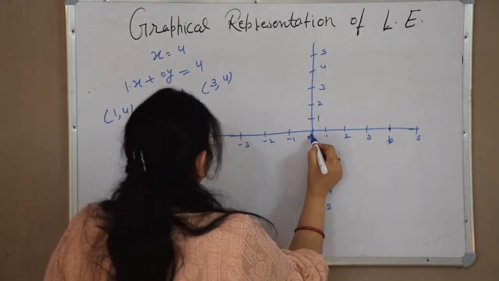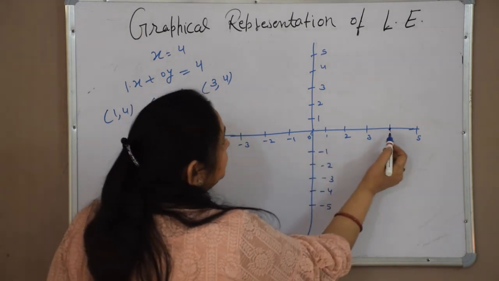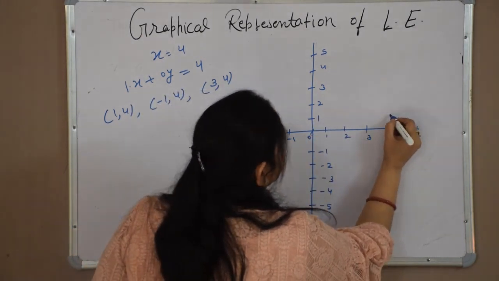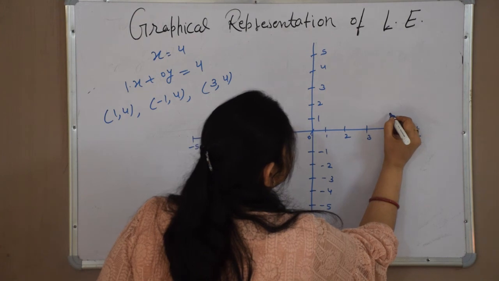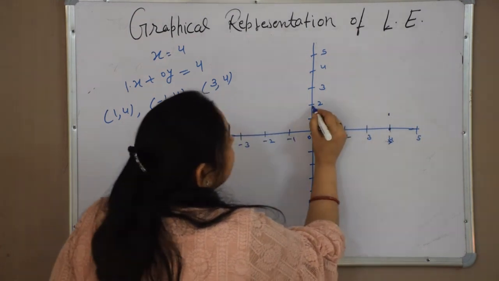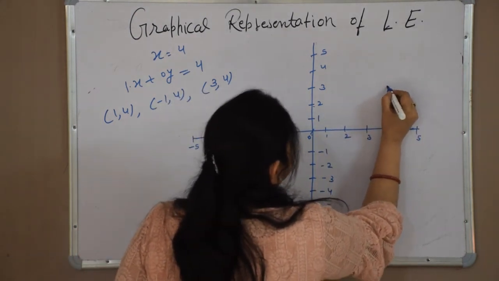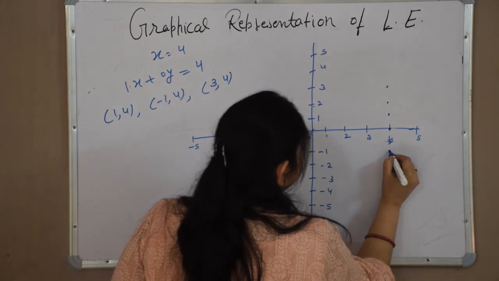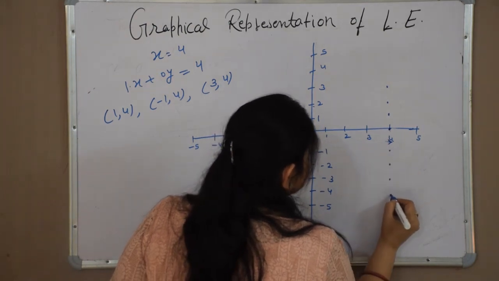The points are (4, 0), (4, 1). If I am taking y as 1, then also x is 4. If I am taking 2, 3, and negative values minus 1, minus 2, minus 3, x is 4.